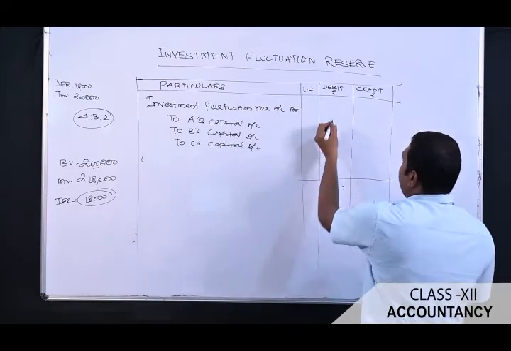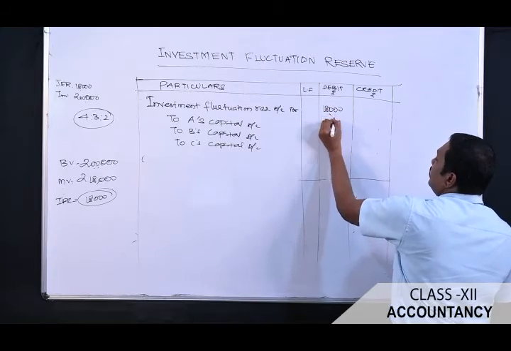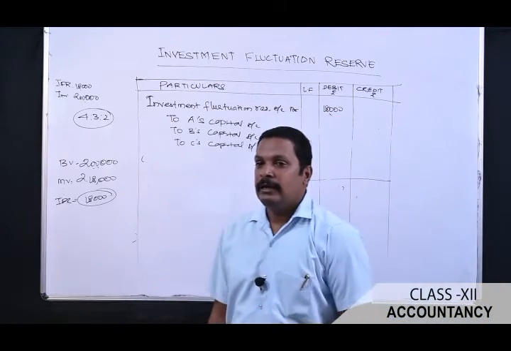The reserve is 18,000. So distribute the amount.